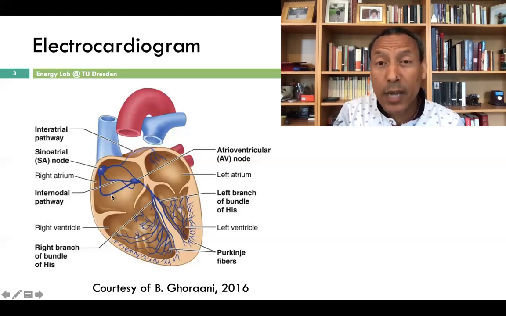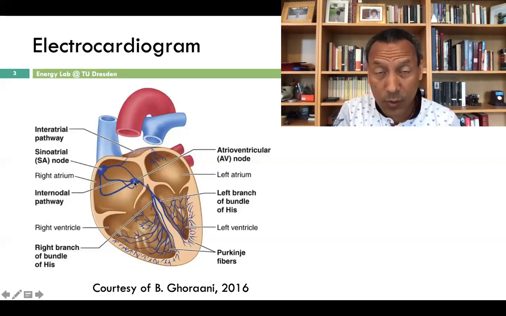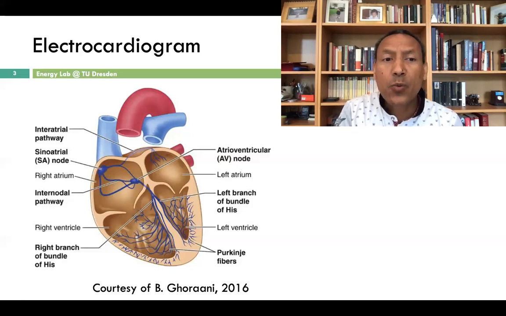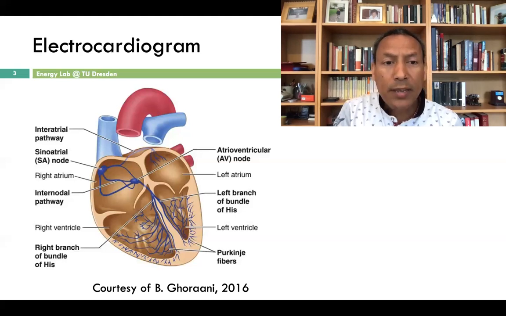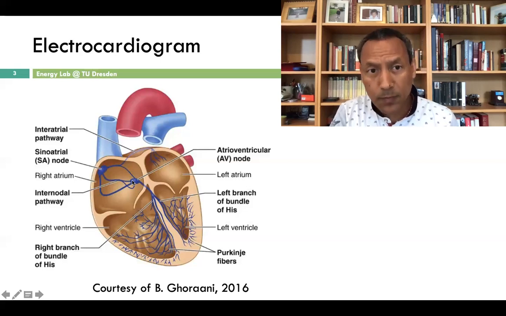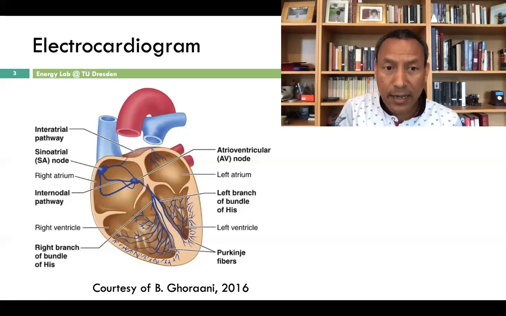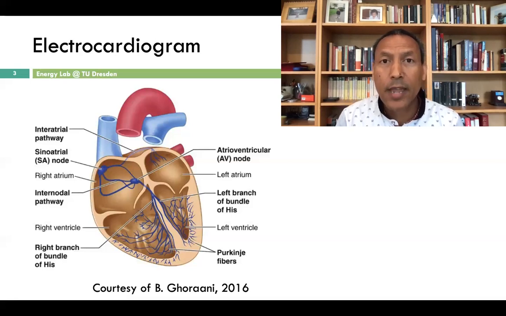It takes some time for the electric impulse to reach the AV node here, the atrioventricular node, during which time the blood is accumulated in the atrium. When the electric impulse arrives here, the atrium is already full of blood, and then the electric signal leaves the AV node.